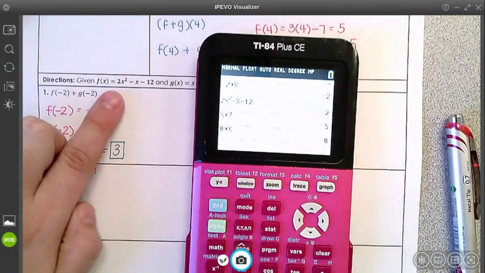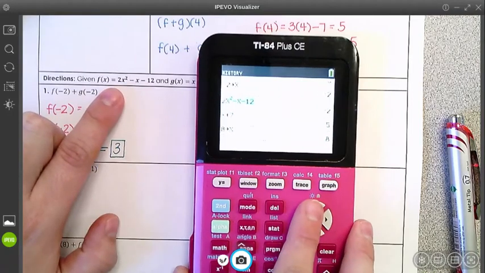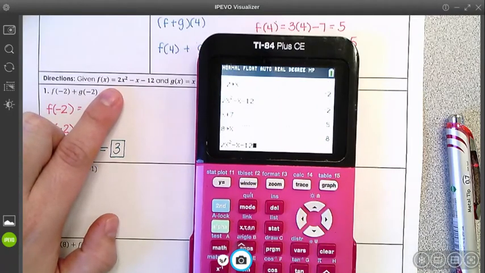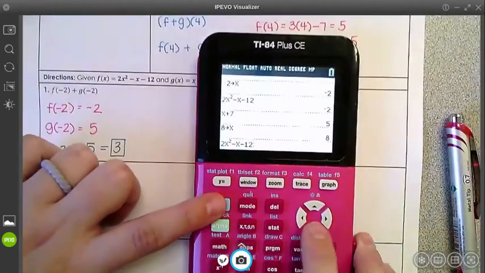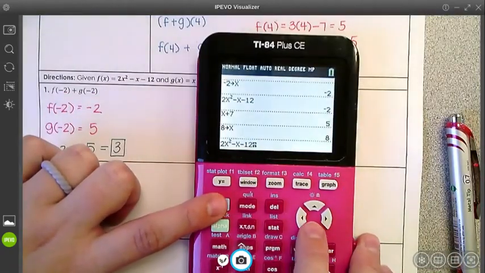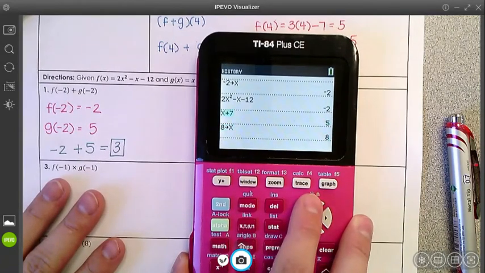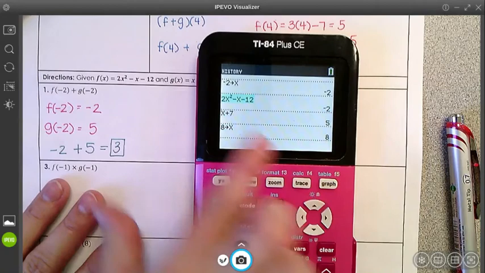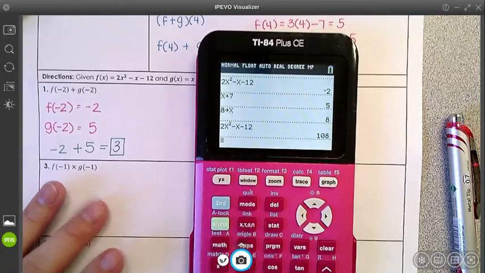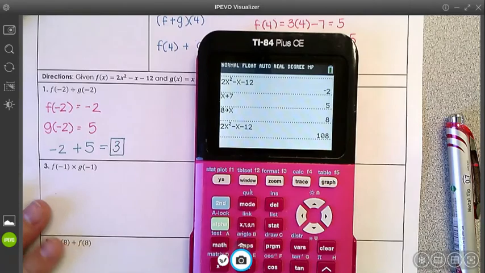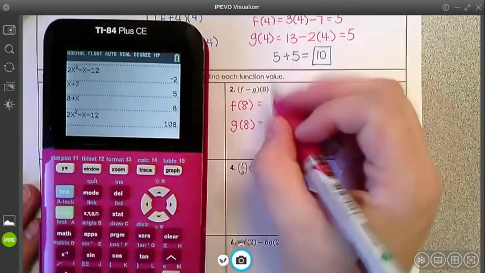And then I'm going to find f of 8. I could retype it, or you can go up and highlight the part that you want to reuse, which was this function, and hit enter, and it brings it back down. Or you could retype it, either way. But we get 108.